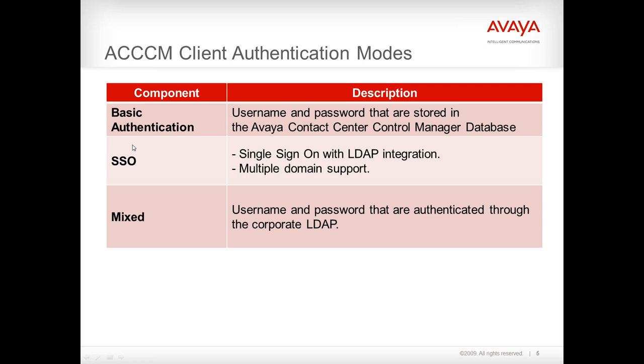Later on, you would be able to create a domain group and group these 5 domains under one entity, thus allowing the user to log into ACCCM 1X from any domain in your environment, whether it's the North America domain, the EMEA domain, or the APAC domain. So ACCCM supports the ability to configure multiple domain controllers for either SSO or LDAP configuration.